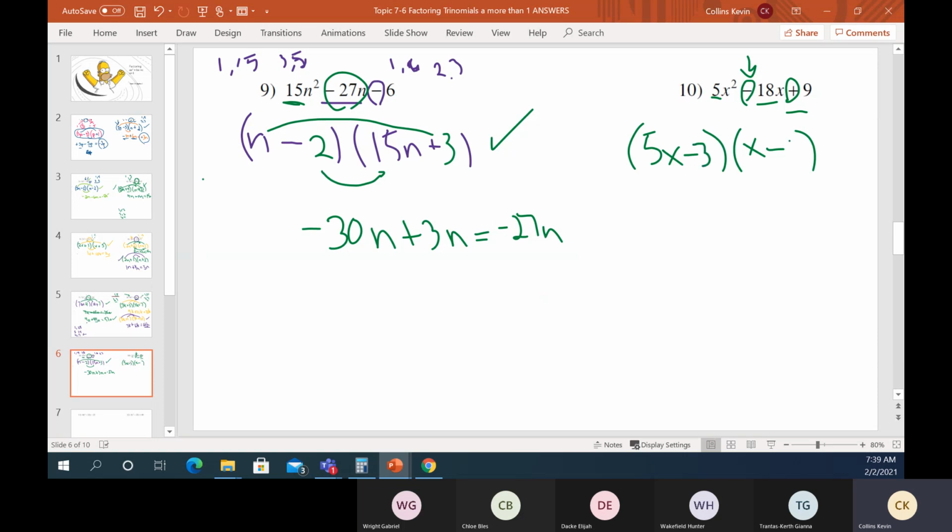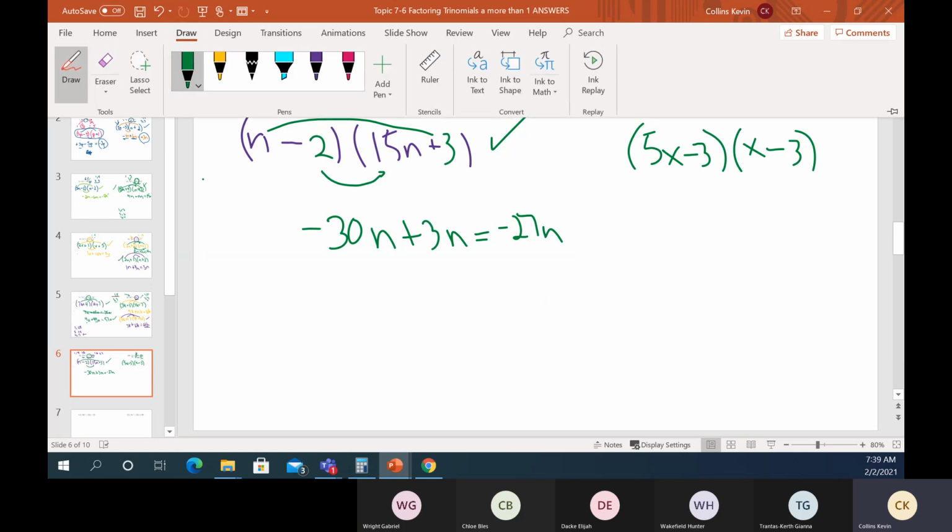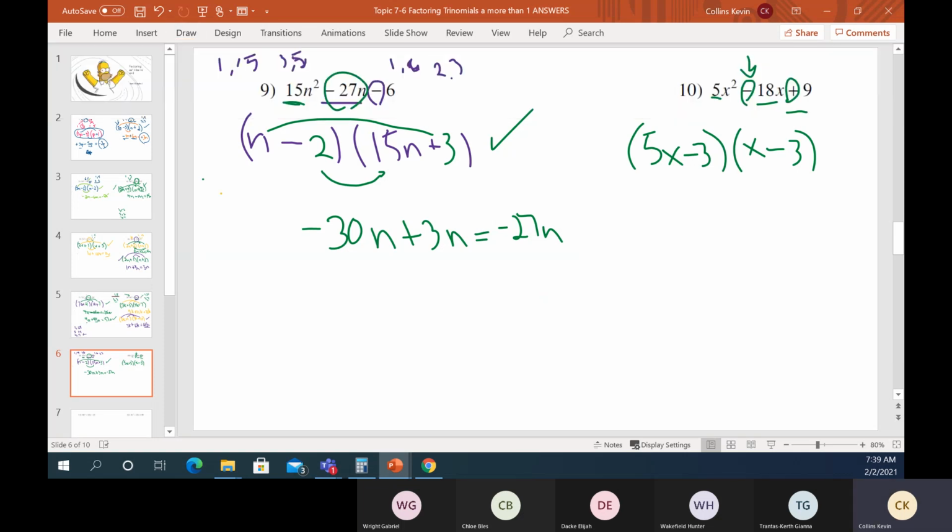We just put a 3 here and a 3 here. And let's see if it works out. So inside, guys, we've got minus 3 times x. That's minus 3x. Then we got 5 times a negative 3. That's minus 15x. And minus 15 and minus 3 more. It's minus 18. Bingo. Got it. That's your answer.